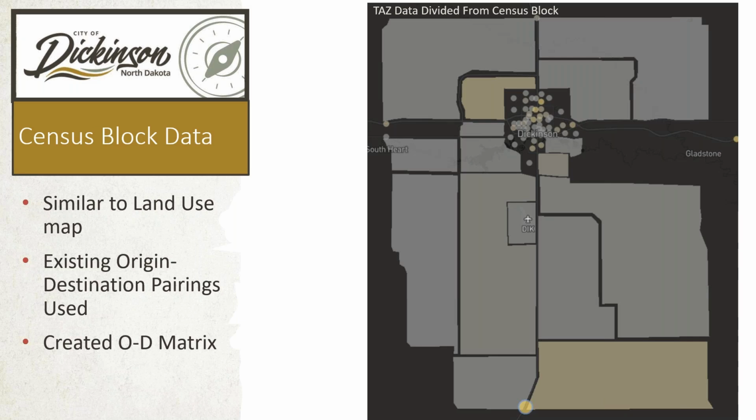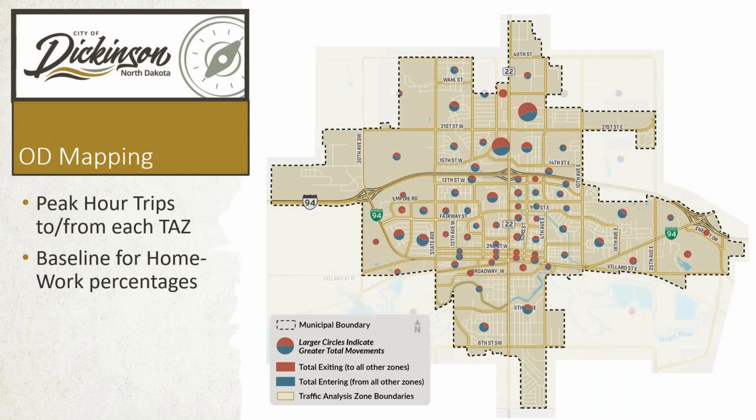And what we did with that was we were able to look at the entering and exiting vehicles of each traffic analysis zone. And we did end up getting the percentage of those. And as you can see on the figure to the right, the total exiting to other zones and the total entering in each zone.